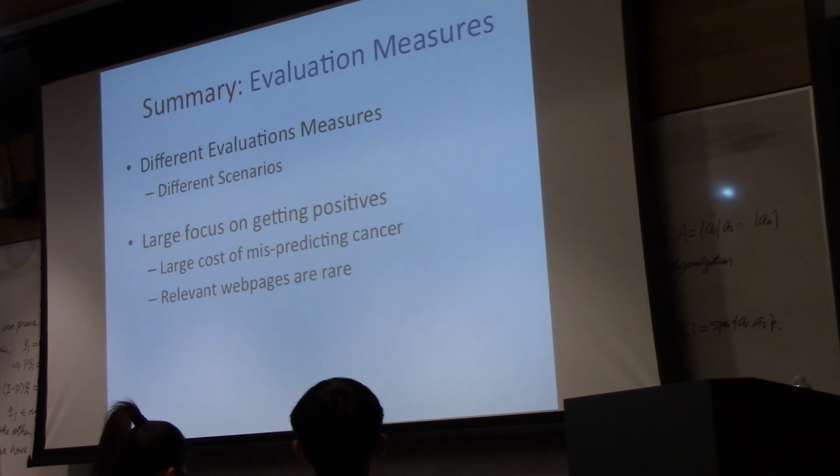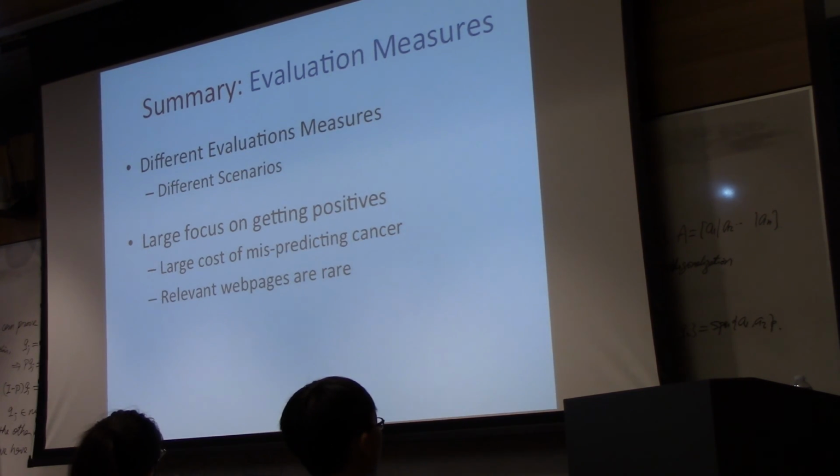Okay, so just to summarize. Even though in terms of learning algorithms, the actual objective function that people traditionally think about is often based on things related to classification of a single example or regression of a single example, there are many different ways that people use these machine learning algorithms in practice. And what that means is they may lead to different evaluation metrics that you might want to use during validation for model selection. These are based on different scenarios, such as cost-sensitive predictions.